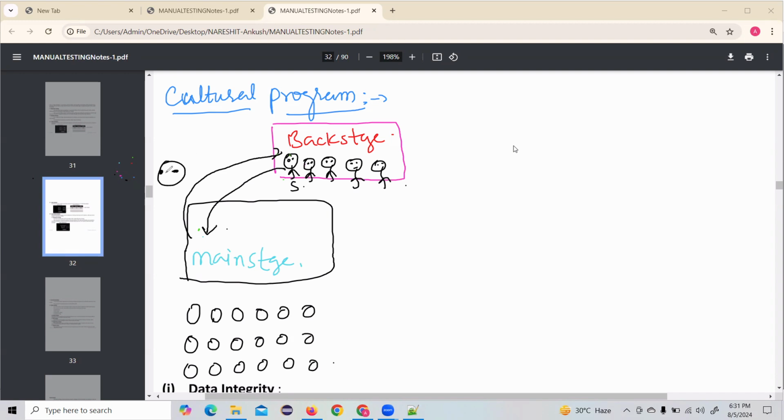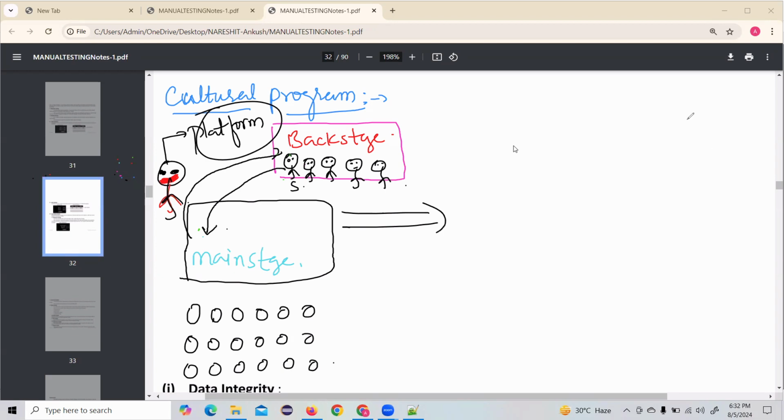So beautiful lady. Okay. So what will she do? She will call one by one. It means indirectly who is running this particular program? Anchor. So Anchor is the platform for this program.